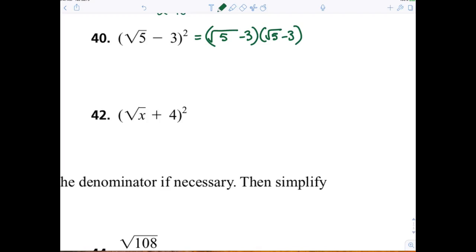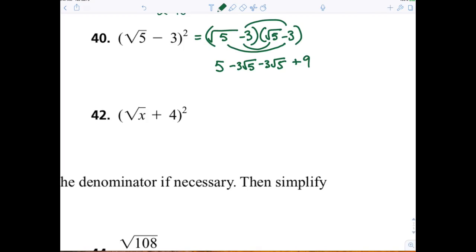So what's square root of 5 times square root of 5? Thank you. What's this right here? Negative 3 radical 5. Now be careful. What's this one? And then finally, plus 9.